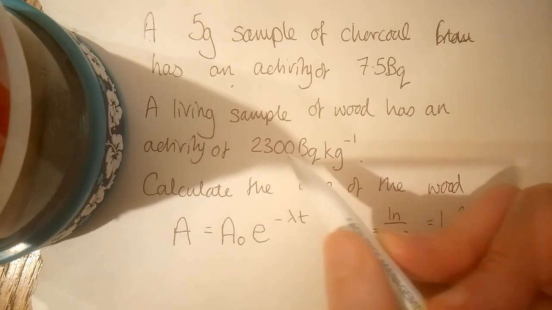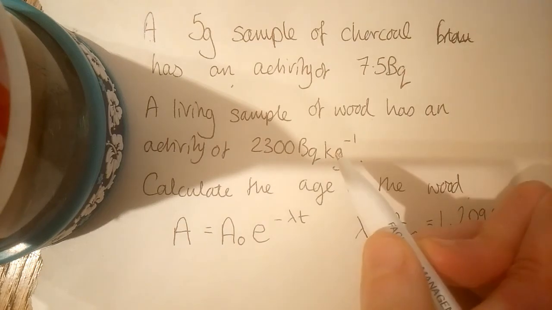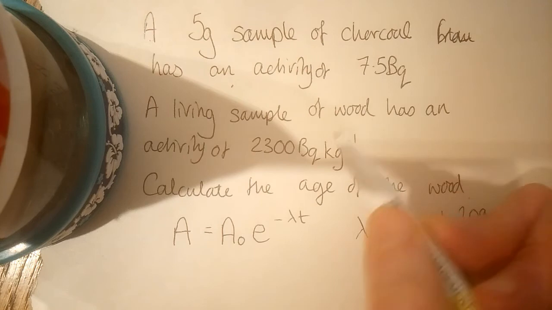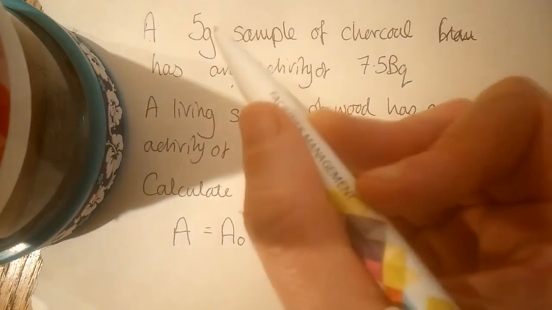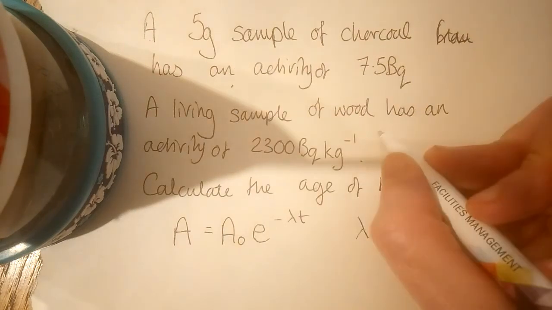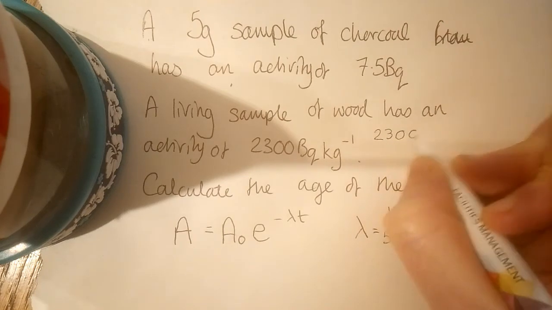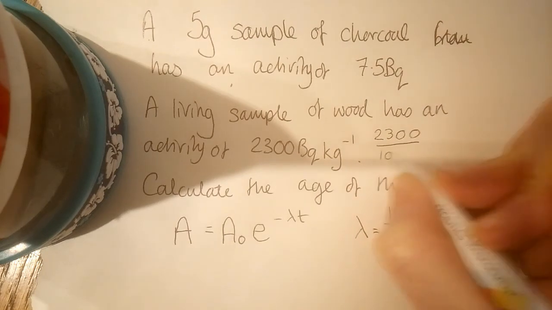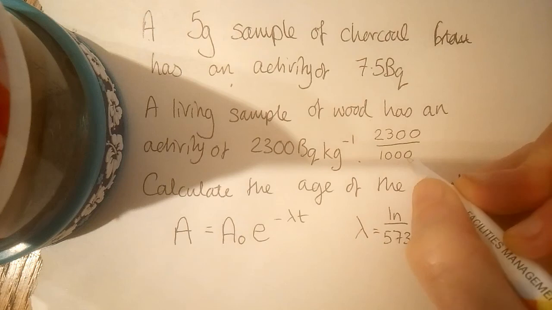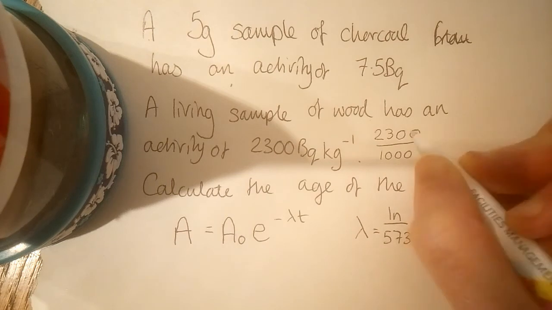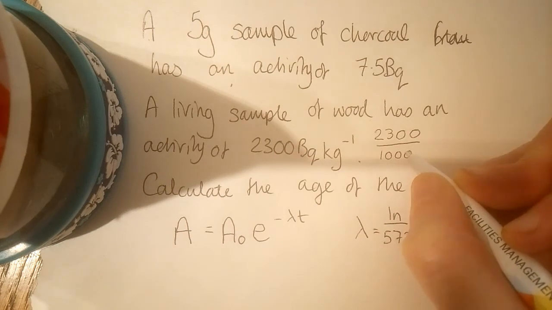It's given us that it's this many becquerels per kilogram, but to be able to compare it, we need to know how many becquerels per 5 grams. So if I wanted to know how many becquerels per gram, I could do 23,000 and divide it by 1,000, because obviously there's 1,000 grams in a kilogram. So that would be the activity for 1 gram.